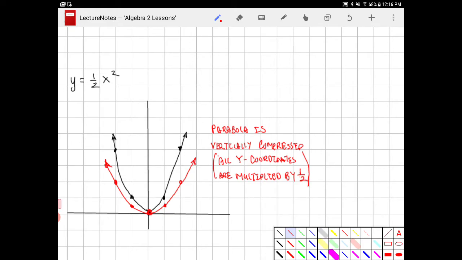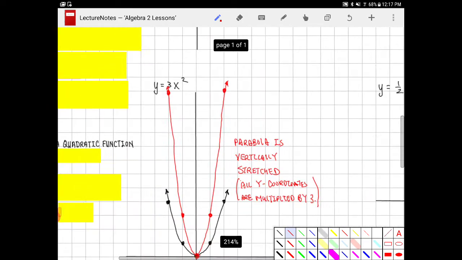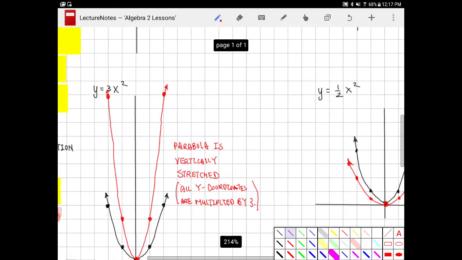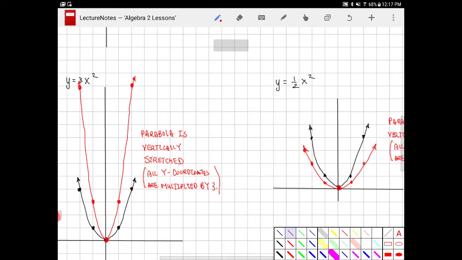So there's a vertical compression happening here, and a vertical stretch happening here. So again, the emphasis is on the vertical impact. There is a way to impact this horizontally, however, that's left for another video. At the moment, it doesn't make any sense to talk about horizontal impact, at least in this lesson or in this video.